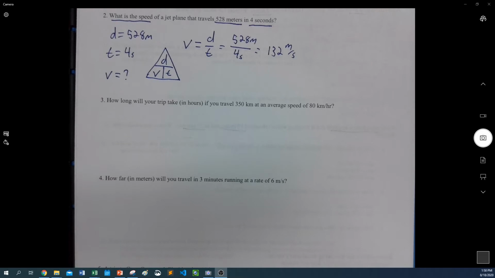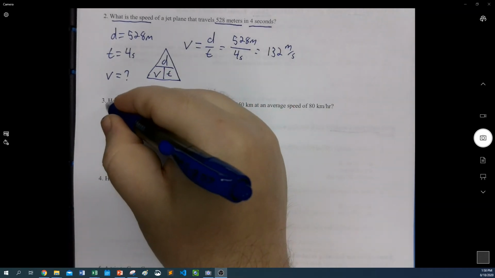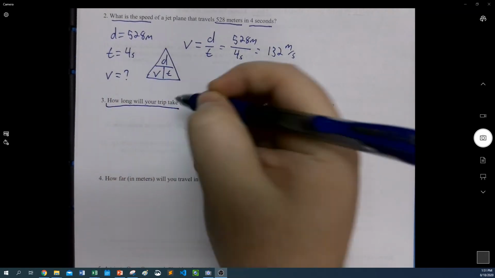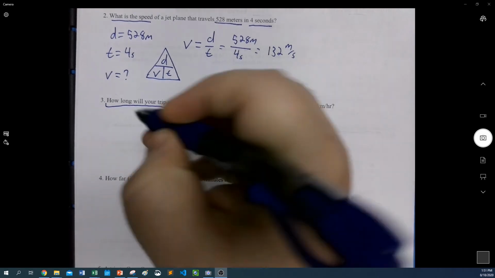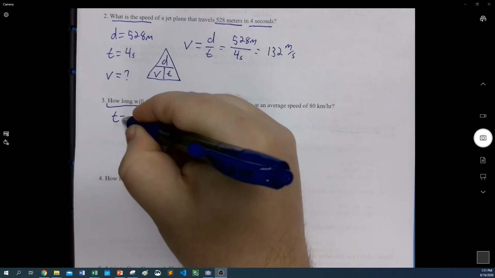What'd you get, Christian? That's correct. What unit? Kilometers? It asks you how long? Hours. How long is referring to time. So when it asks how long will your trip take in hours, that means you're looking for a time.